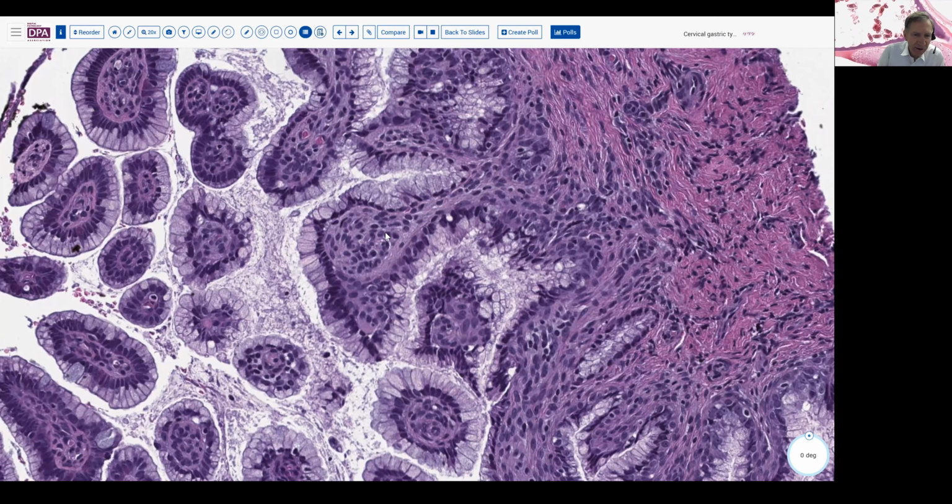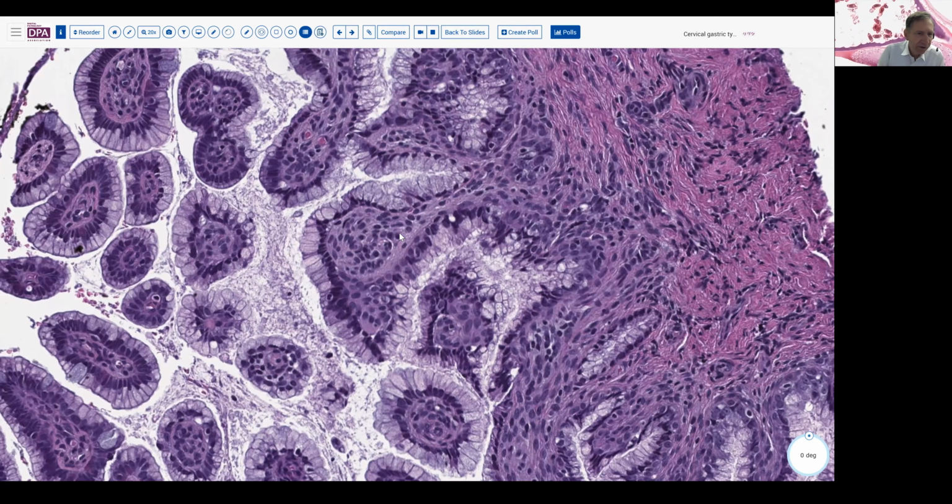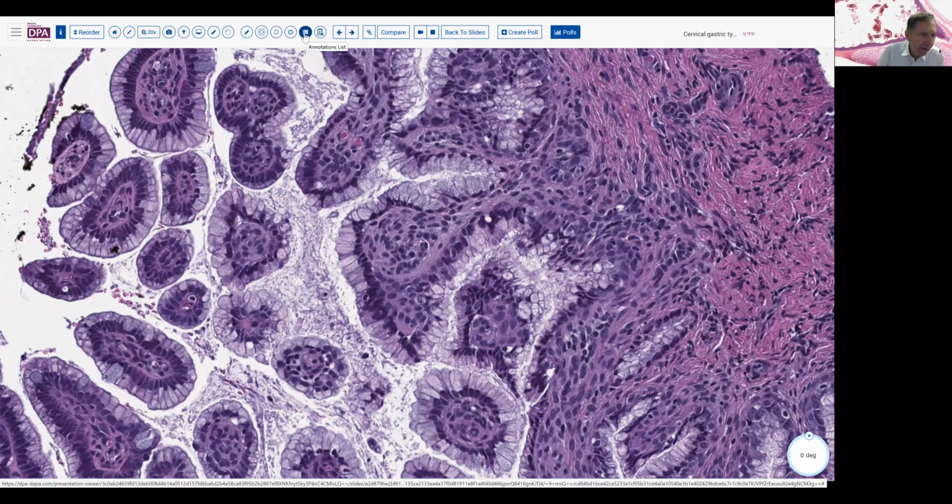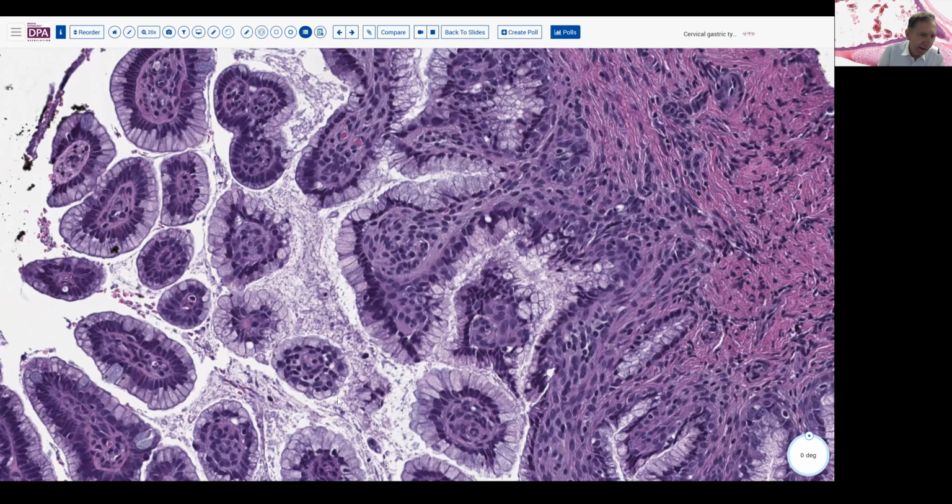And classically, that lesion was called minimal deviation adenocarcinoma, meaning that it was very minimally different from normal endocervical glands.